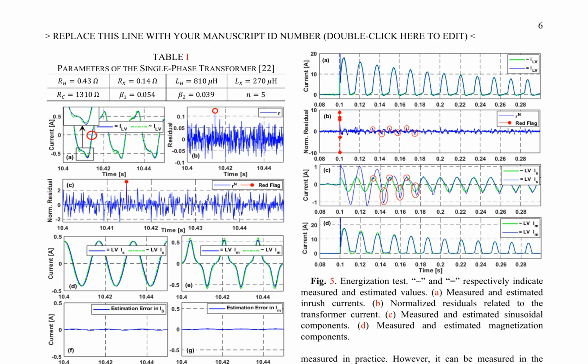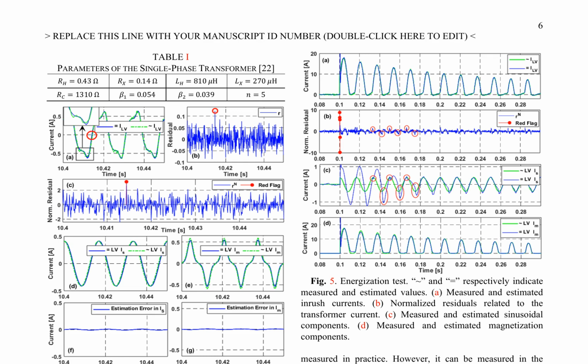The estimated current is found using the function h(a_k, x_k), and the results show a good match despite considerable noise. The residuals between the measured and estimated values are calculated using equation 16 and shown in Fig. 4b, with the largest residual highlighted.